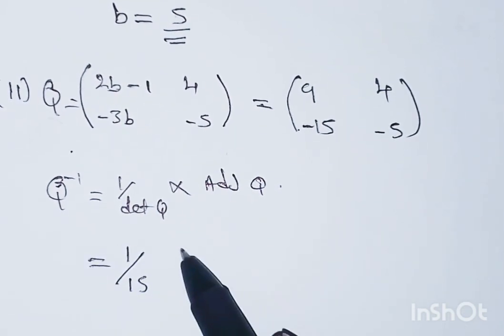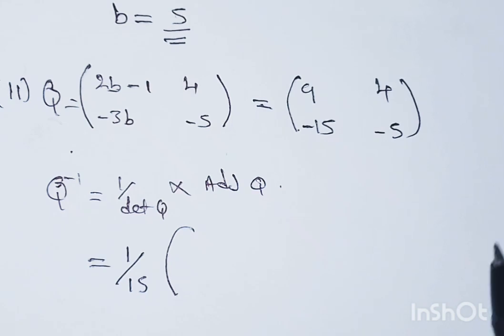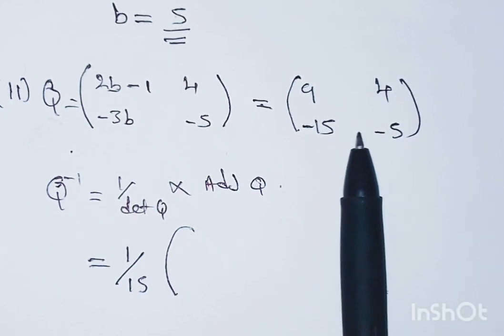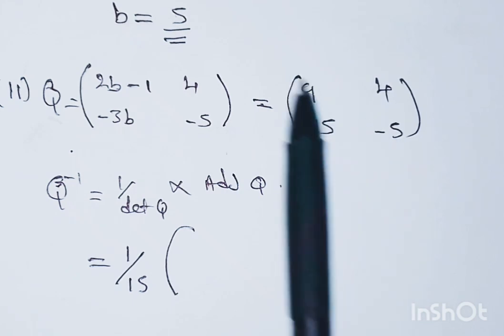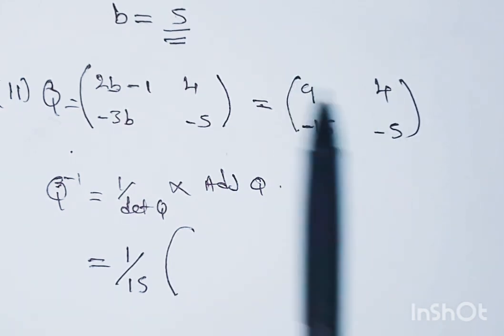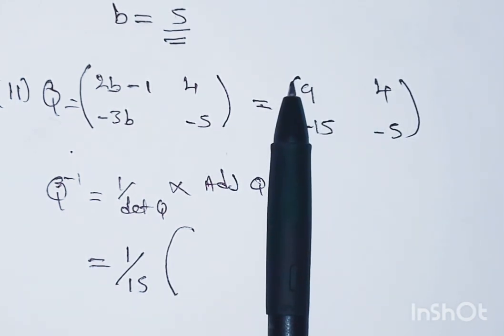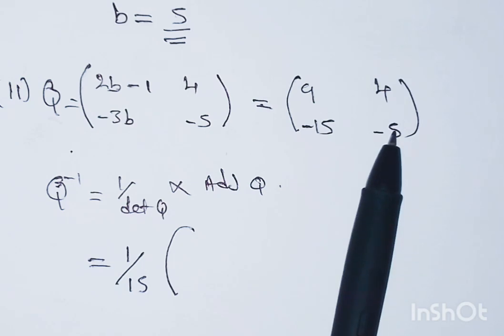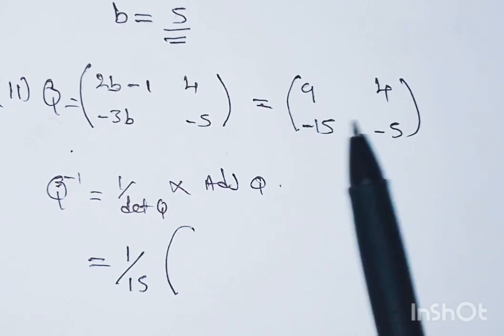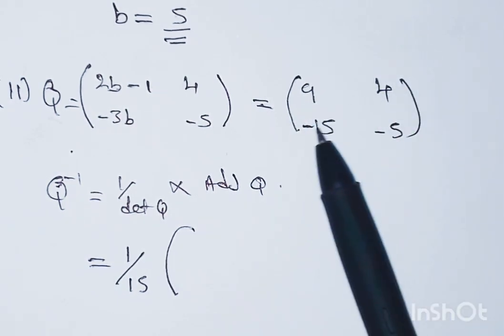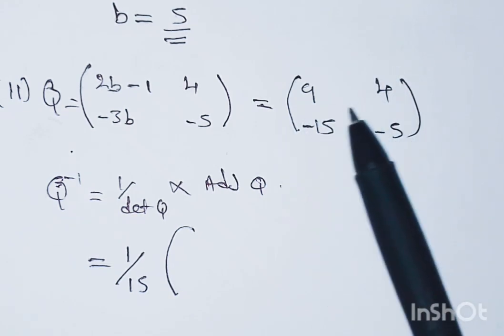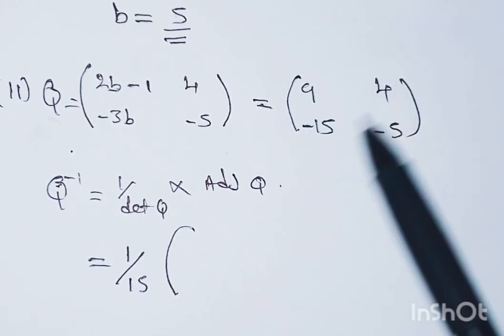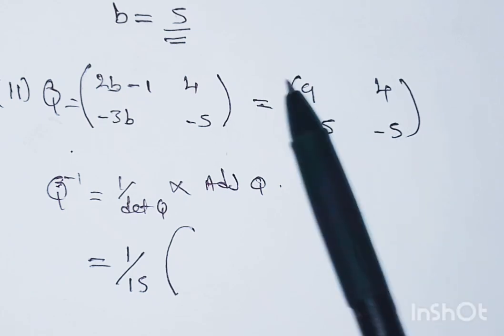Now what is the adjoint? From the matrix we made, the elements in the major diagonal have to swap. Then for the elements in the minor diagonal, the signs change.